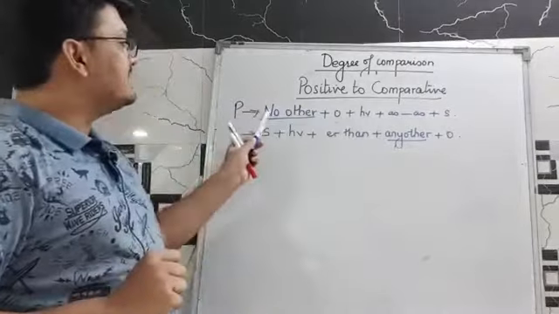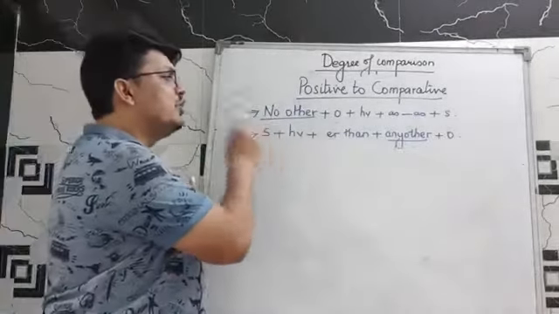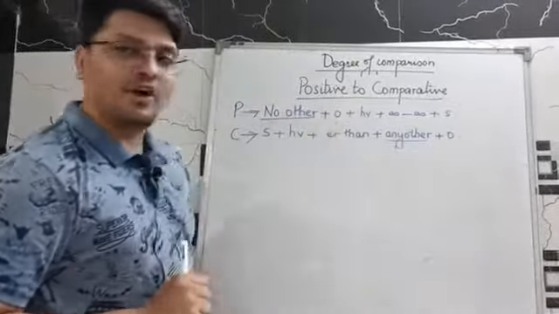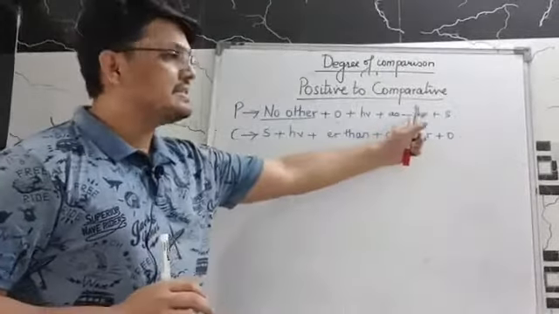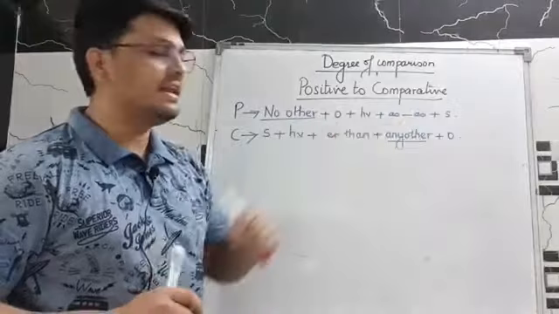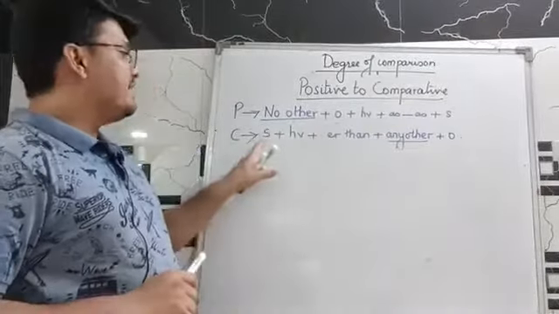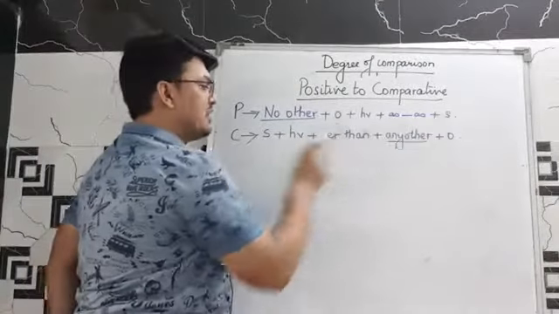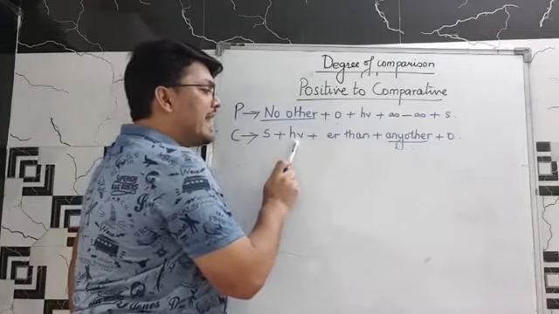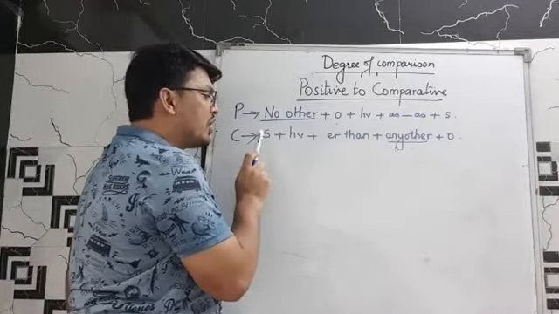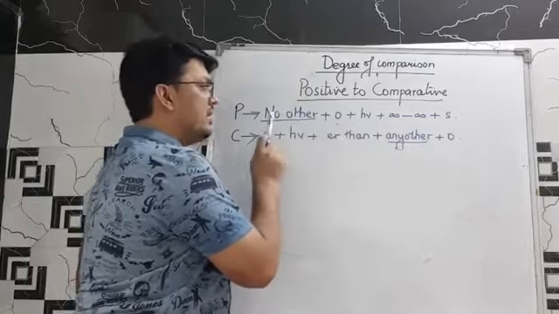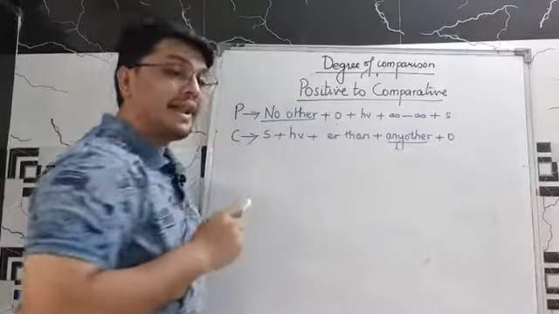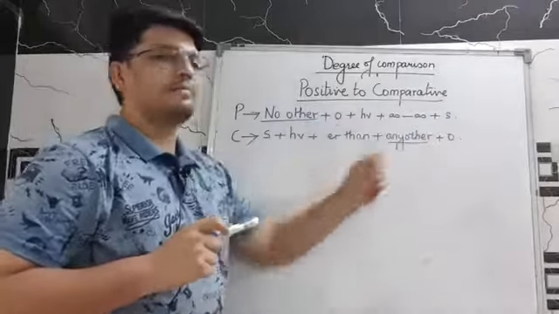So here you can see that positive degree starts with no other, follows with object, then helping verb, and then as, that's a positive degree, and then subject. And how the same, the subject will come here, then follows with helping verb, depends, singular or plural here, then as will turn into er, then no other will change into any other, and object will come here.